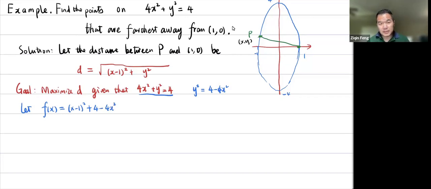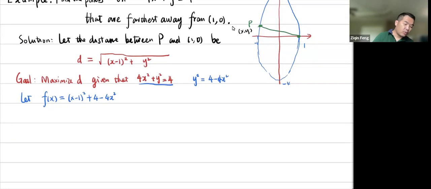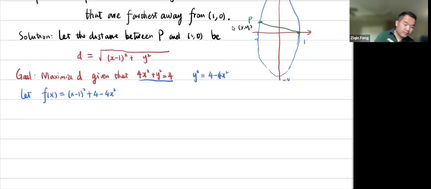So that's basically the distance function without square root, where we replace y squared by 4 minus 4x squared. So we want to maximize f. So let's try to differentiate that. So f prime of x is 2 times (x minus 1) minus 8x.